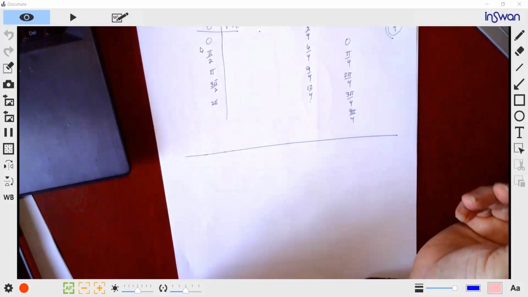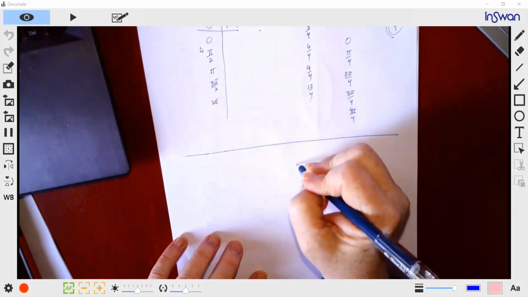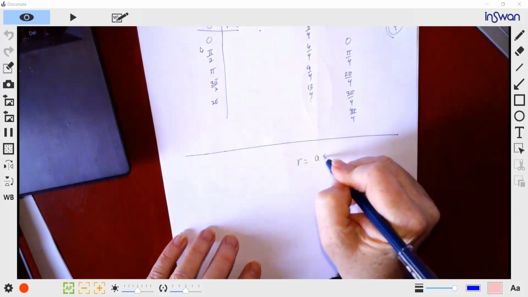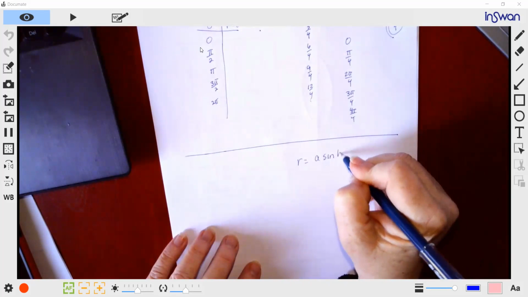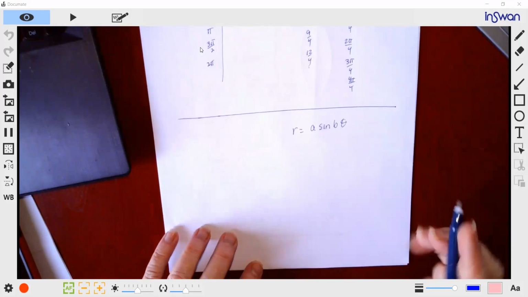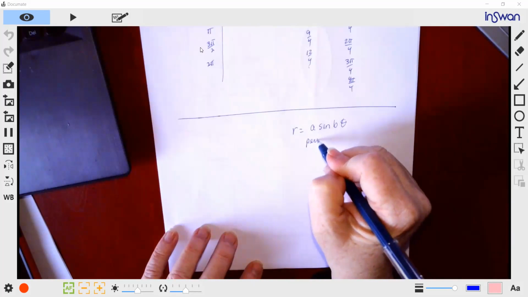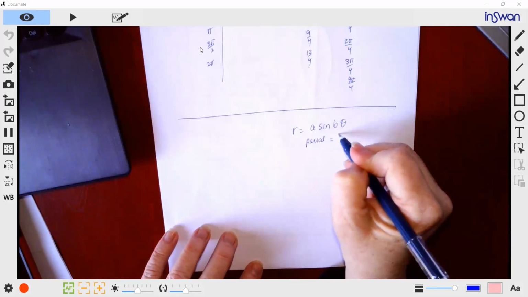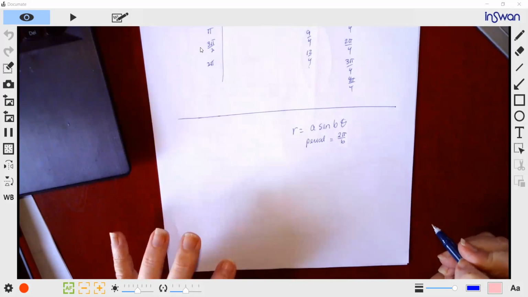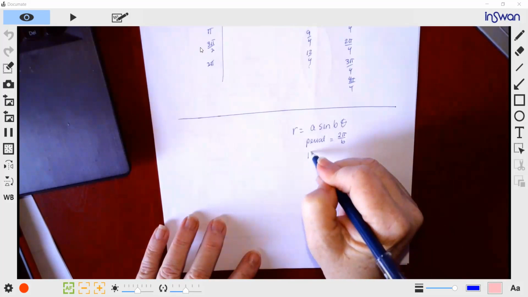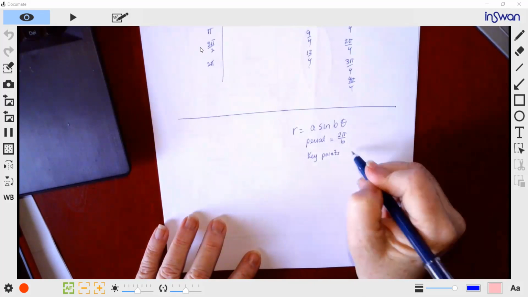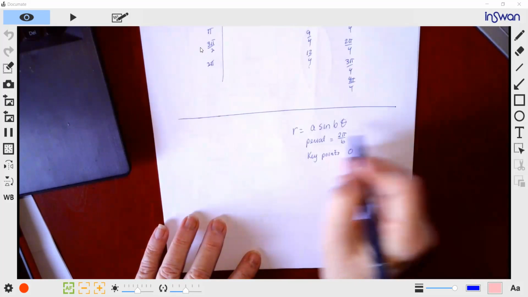I'm not really sure which part your question is, but if you have something like R equals A sine B theta or cosine, it could be either one, the period of that function will always be 2 pi over B. And your key points start at 0, since we're not shifting right or left.